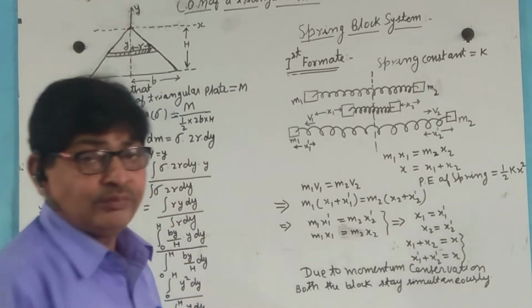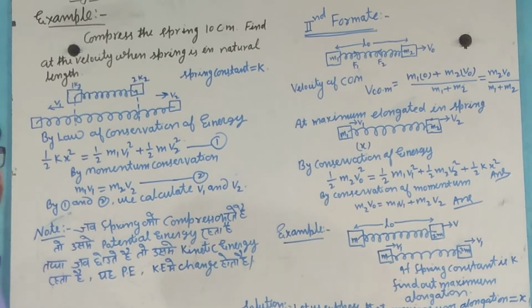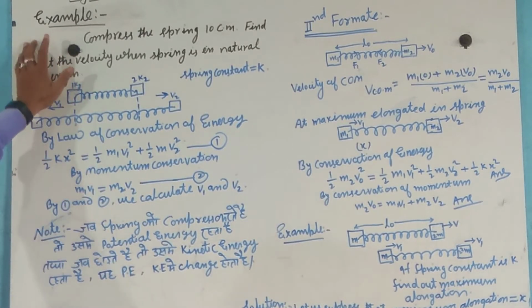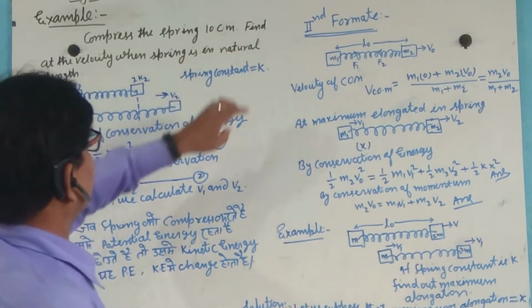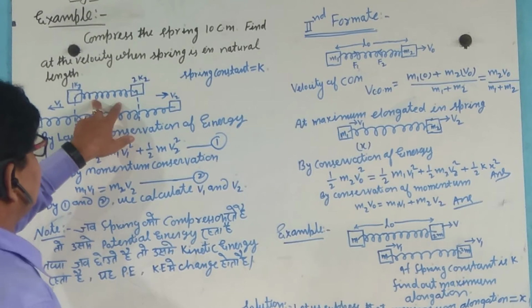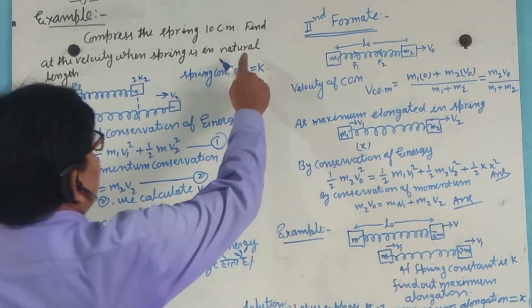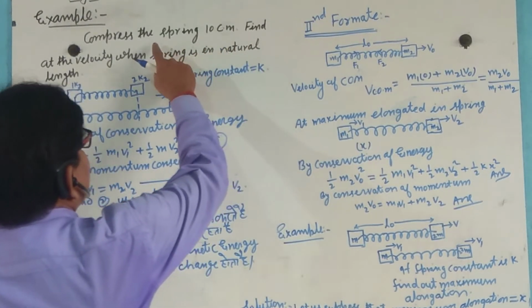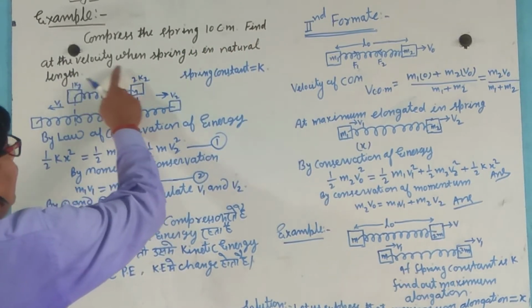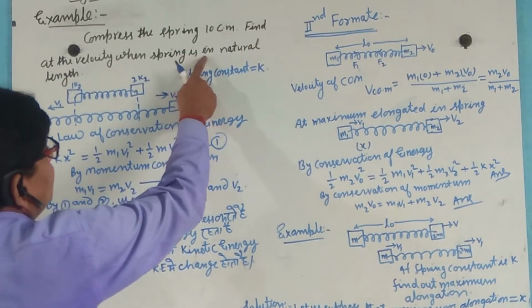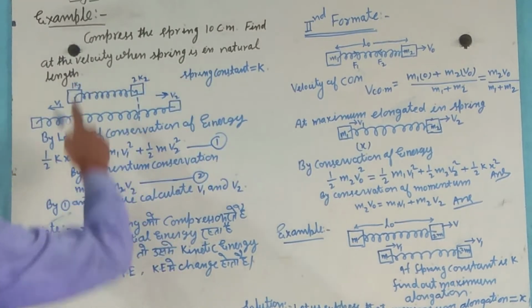Now here is an example. Compress the spring 10 centimeter, the length of the spring is 10 centimeter, and find the velocity when the spring is at natural length.